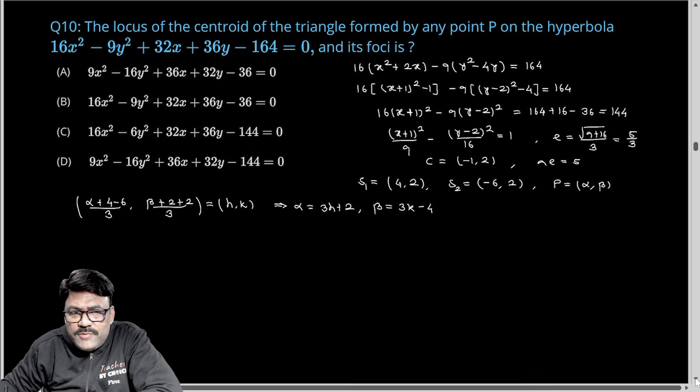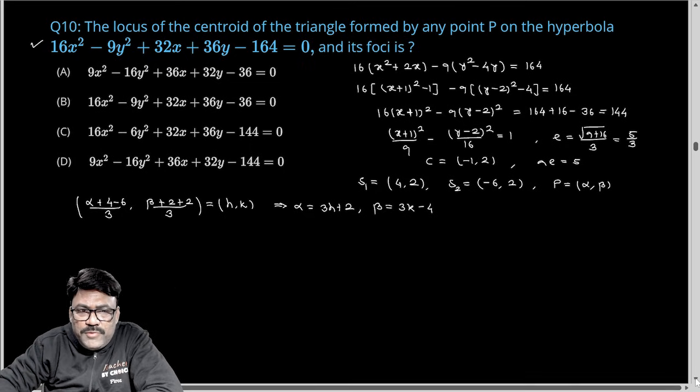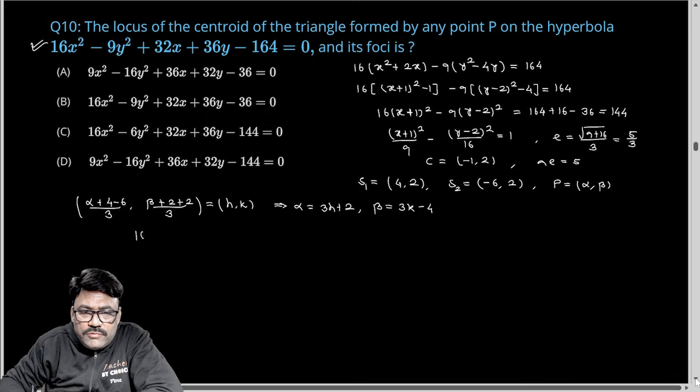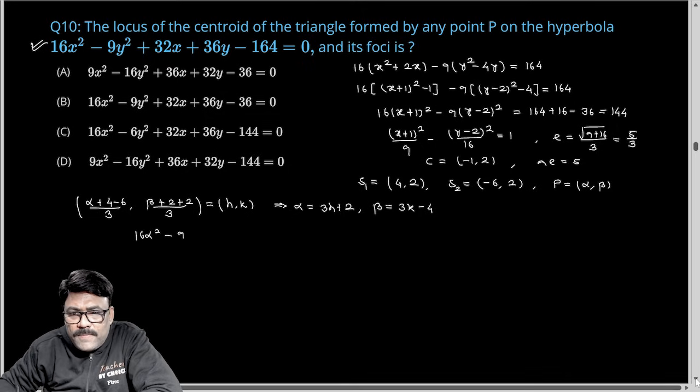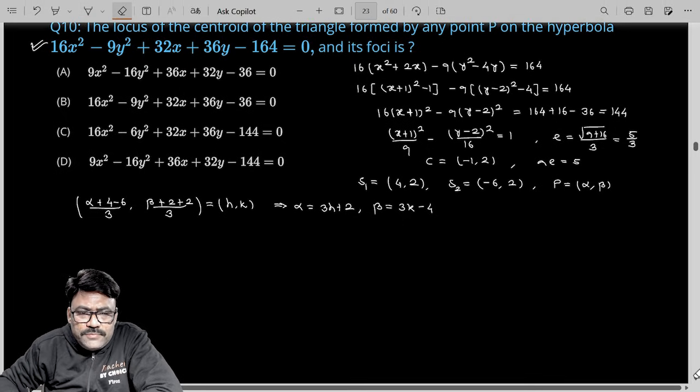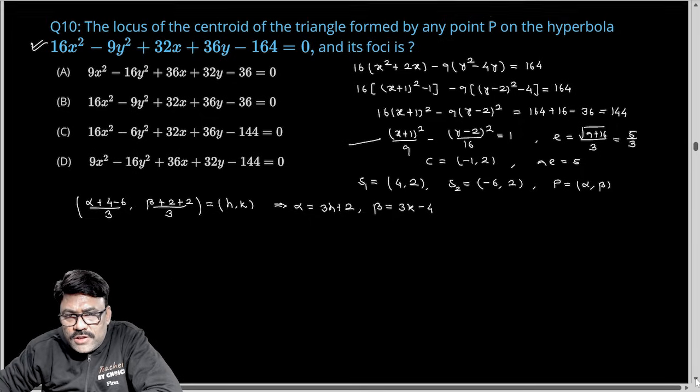And since this alpha beta lies on the hyperbola, P is a point on the hyperbola, so alpha beta must satisfy the hyperbola. You can put alpha beta here also. Alpha beta lies on the hyperbola, so alpha beta must satisfy it.